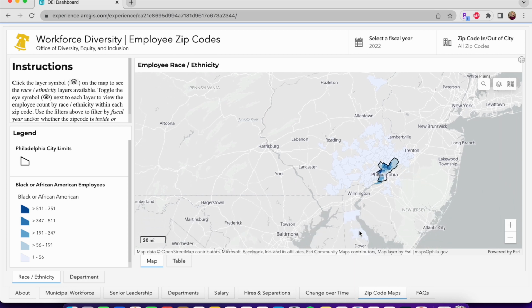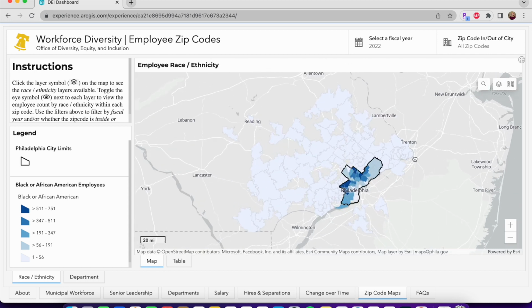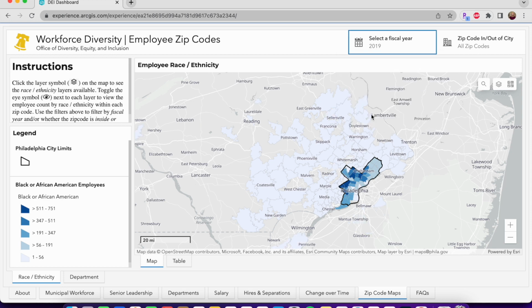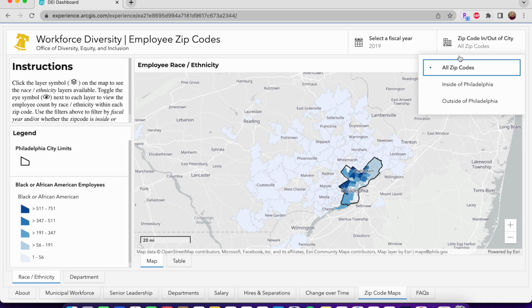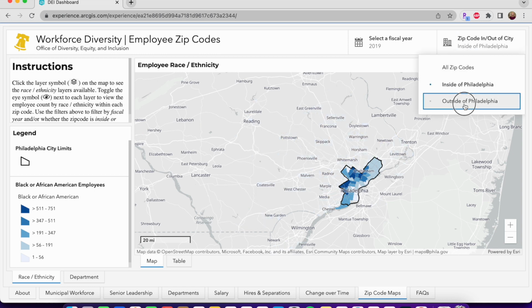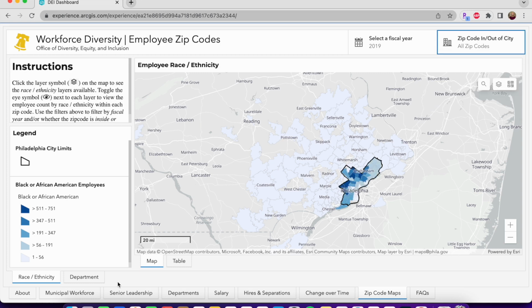You can zoom out pretty far and see how far employees might live away from the city. This data is also available in table format as well. You can look at this data for previous fiscal years if we want to go into 2019. And then you can also choose to look at zip codes just inside of Philadelphia, outside of Philadelphia, or going back to show all zip codes.